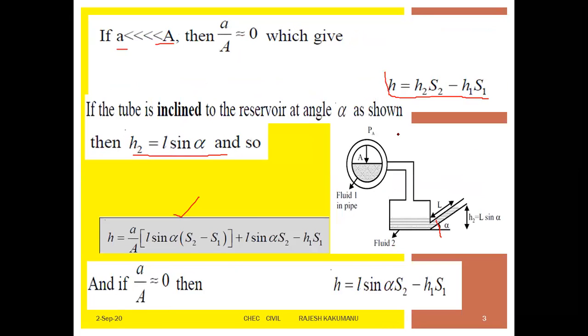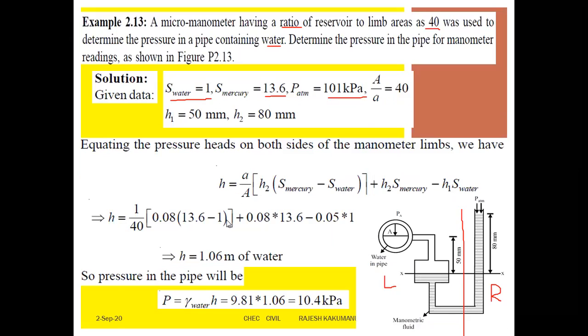This formula gives H equals A by A, in a bracket, H2 times specific weight of mercury minus specific weight of water, plus H2 specific weight of mercury minus H1 specific weight of water.